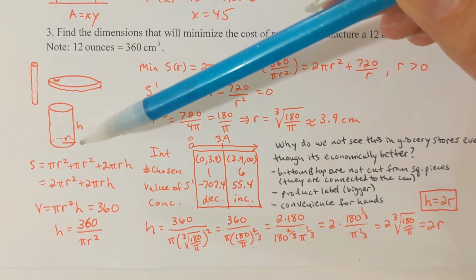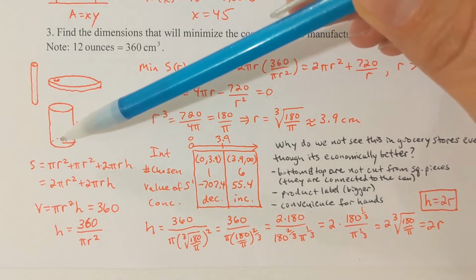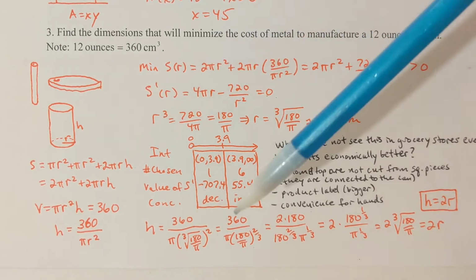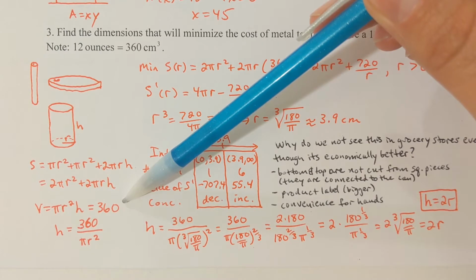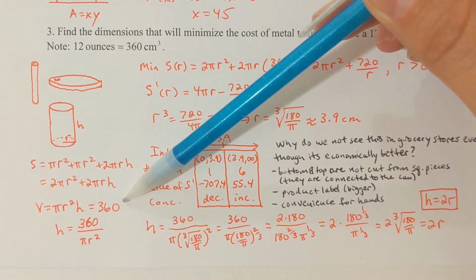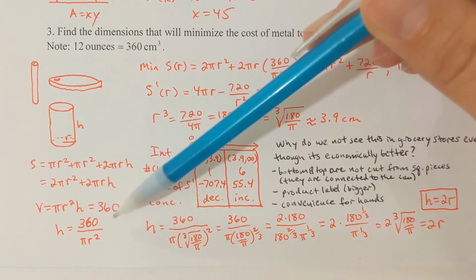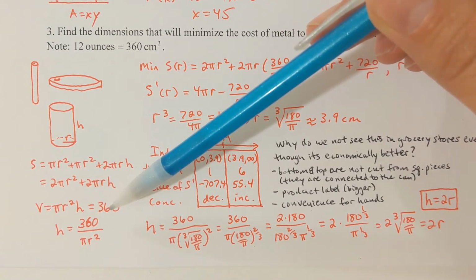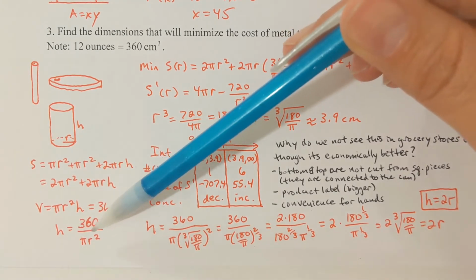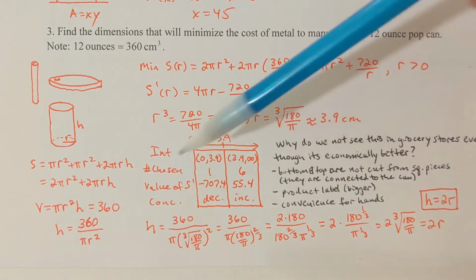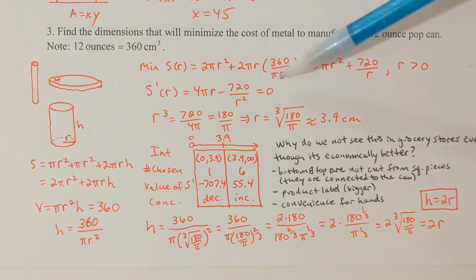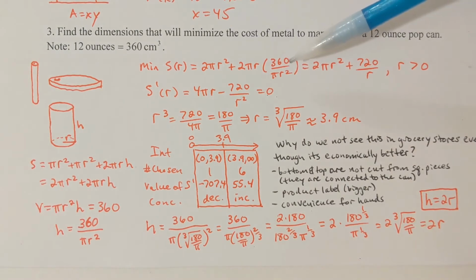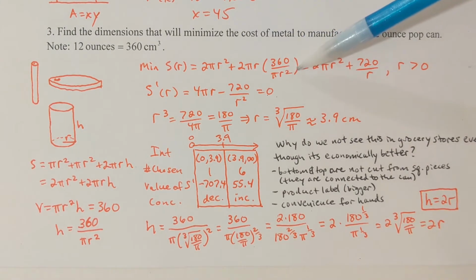The volume of any cylinder is where you take the area of the circular base and then multiply by the height. And like I said, that number, 360 cubic centimeters, is given to us. So if we solve for h, divide by pi r squared, h would be 360 divided by pi r squared. And in my surface area formula here, where I see h, I'm going to go ahead and replace that with 360 divided by pi r squared. That way everything is in terms of r.